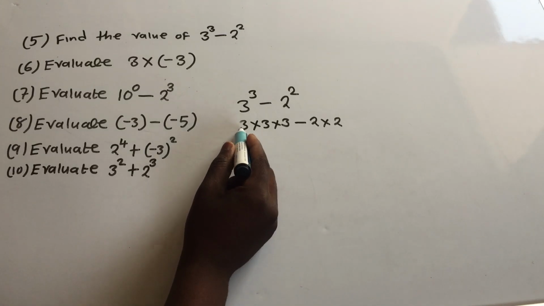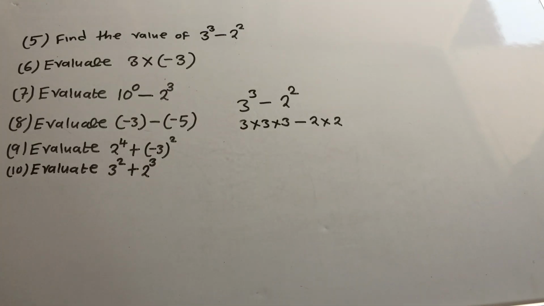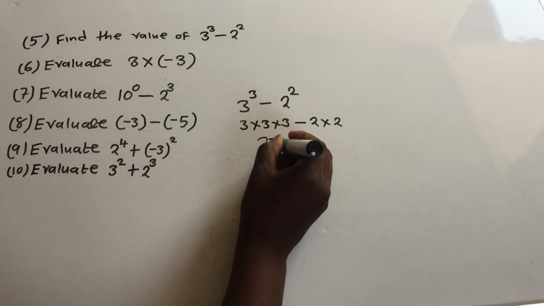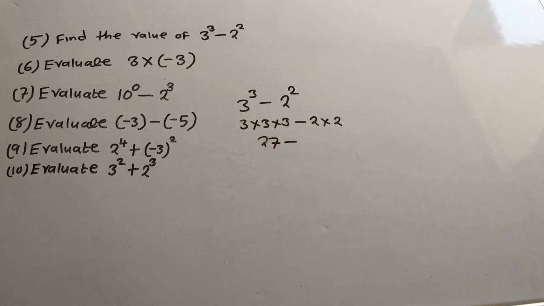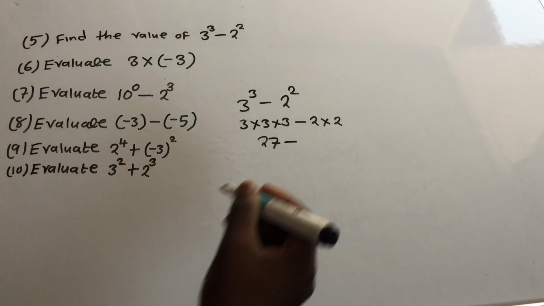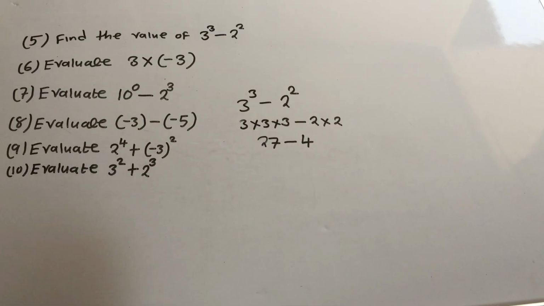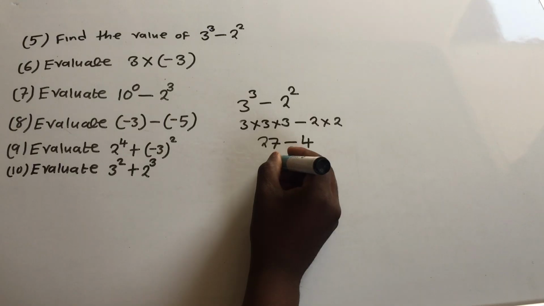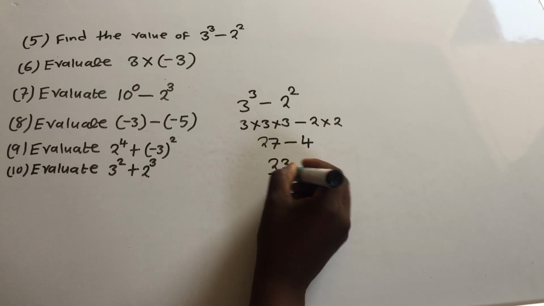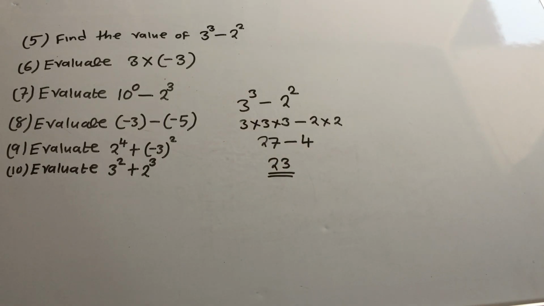What is 3 times 3? It's 9. 9 times 3 is 27. Minus 2 times 2, which is 4. So what is 27 remove 4? It's 23.